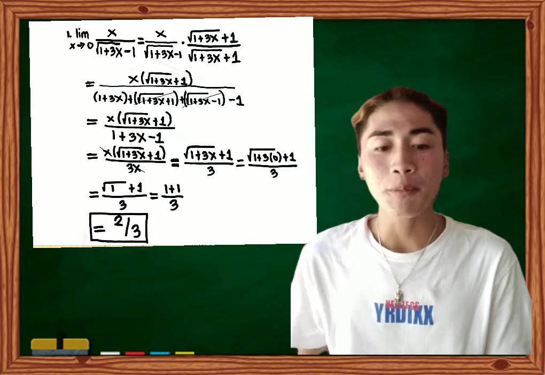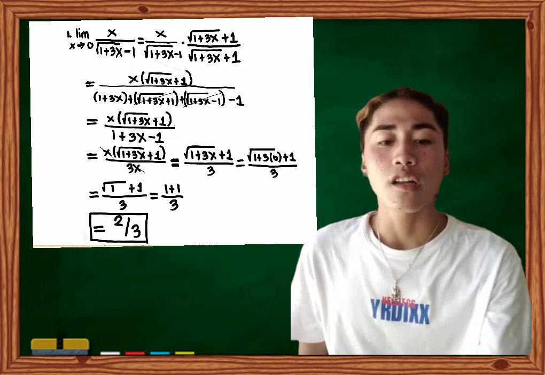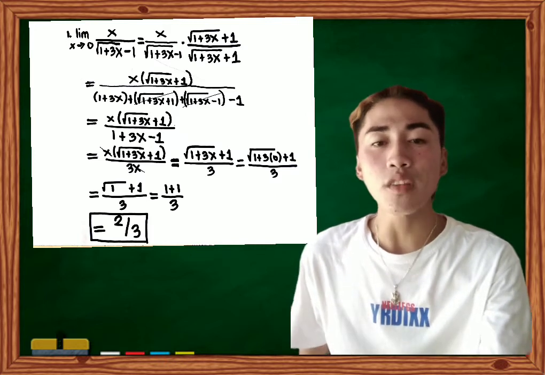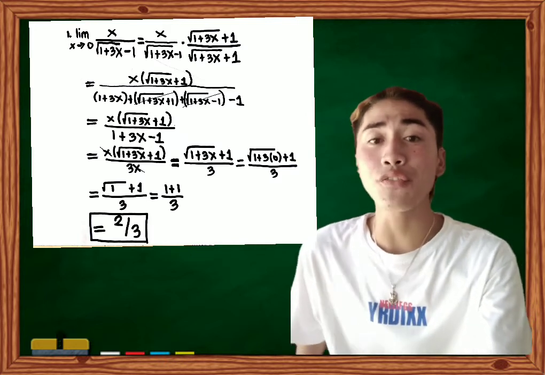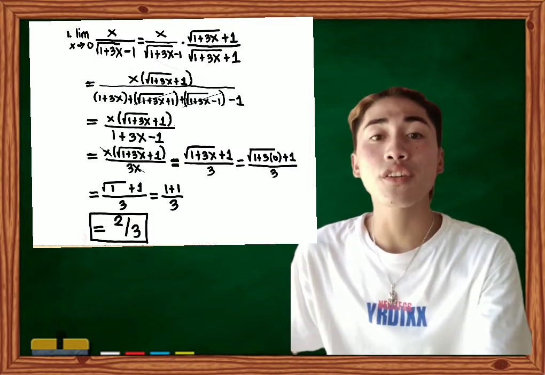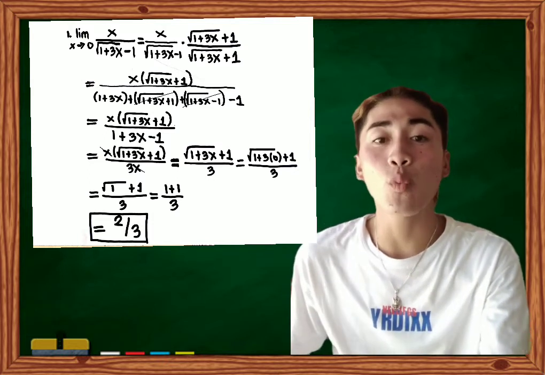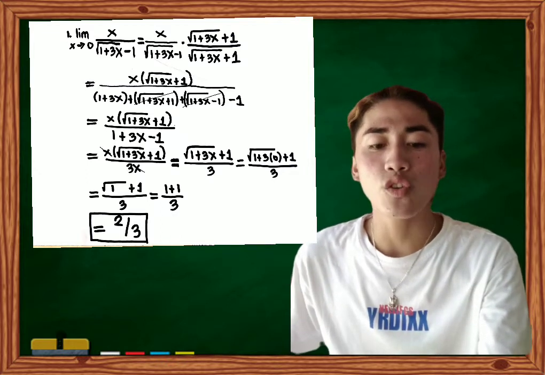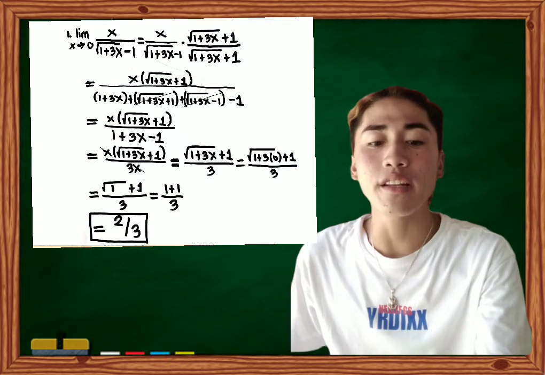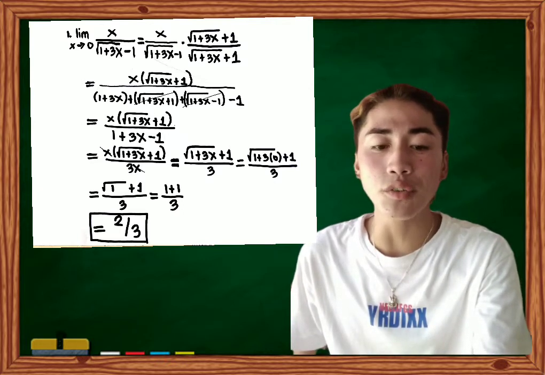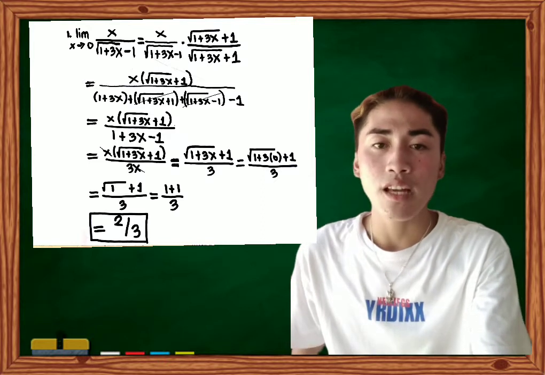Then you obtain x times the square root of 1 plus 3x plus 1 all over 1 plus 3x minus 1 after you cancelled. Then you obtain 1 plus 3x minus 1. You should combine 1 and negative 1, and the result is 0, so you obtain 3x in the denominator.